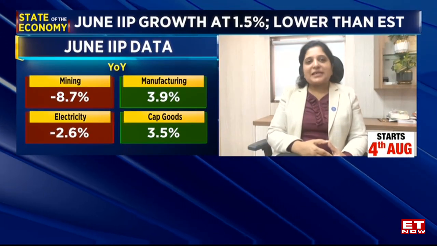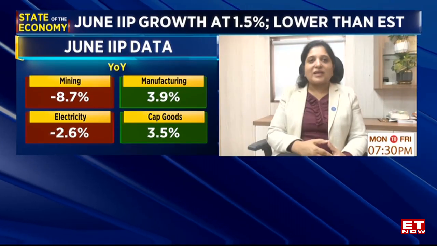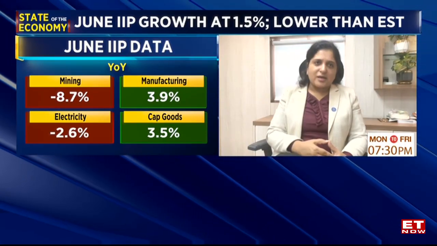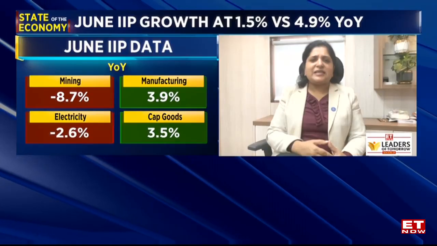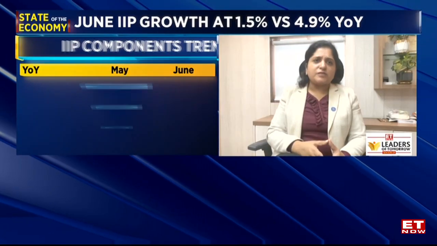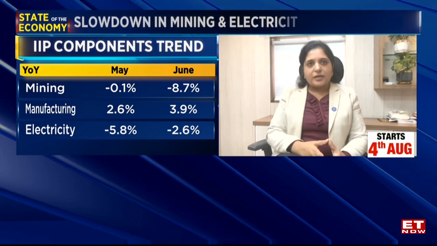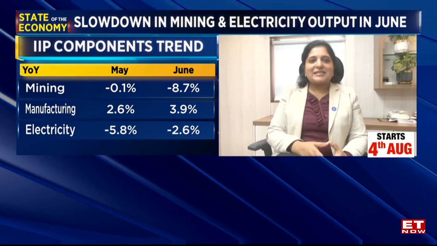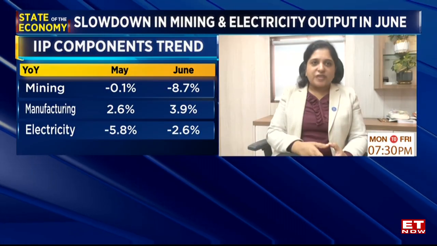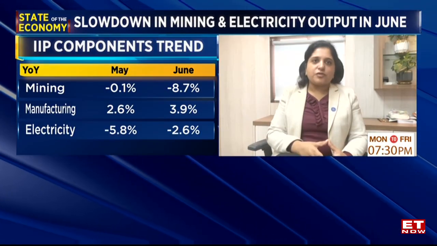That's one. Second, even though we see the MPC downgrading their inflation forecast by anywhere between 90 to 150 basis points for Q2 and Q3, for September and December quarter, we still believe it's an upward trajectory for inflation from here on.